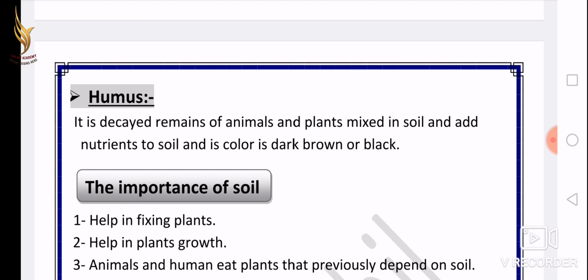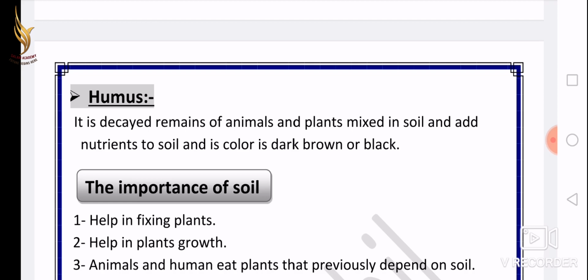So, the humus adds nutrients to the soil. Okay? And its color is dark brown or black.